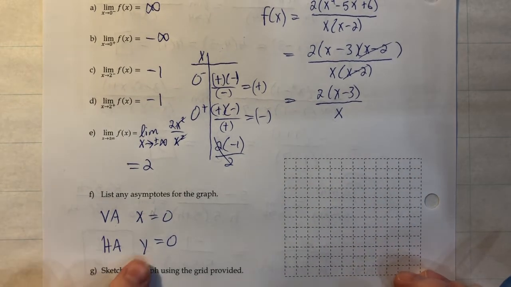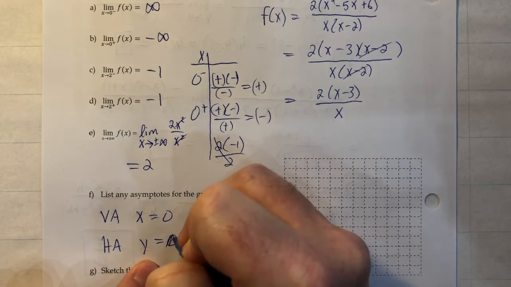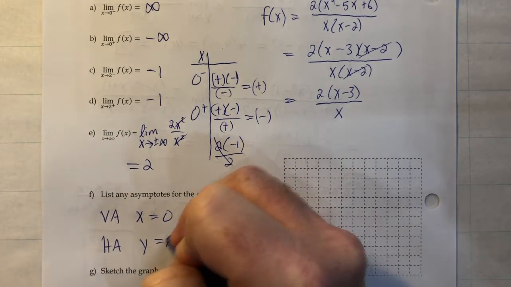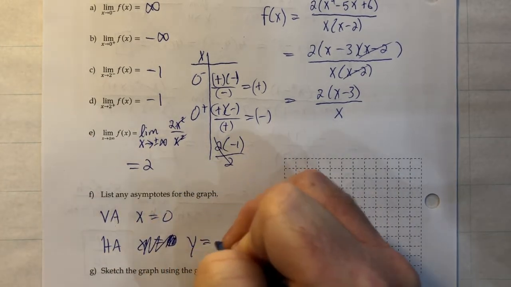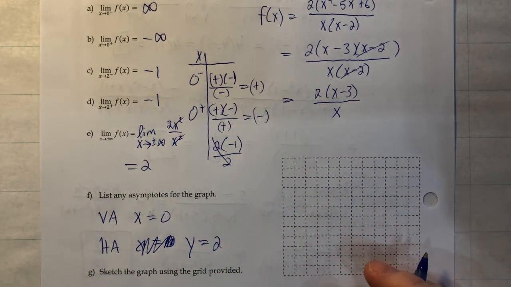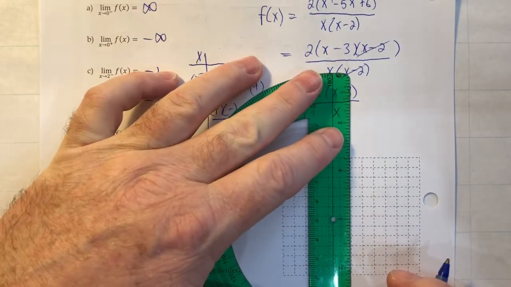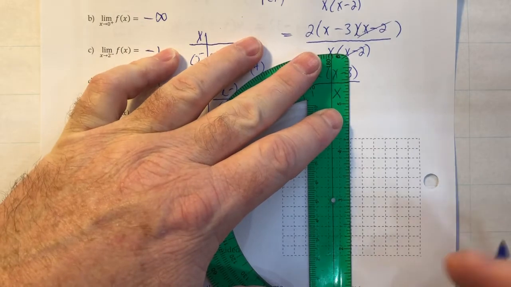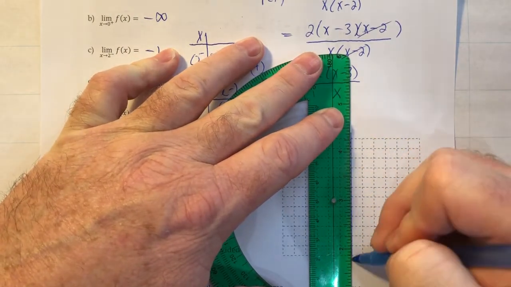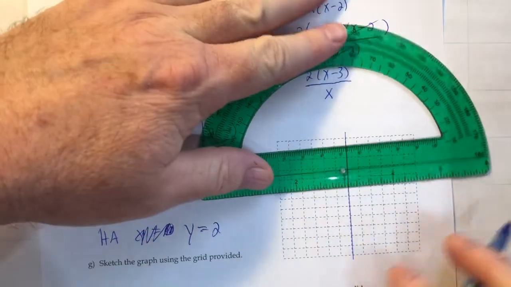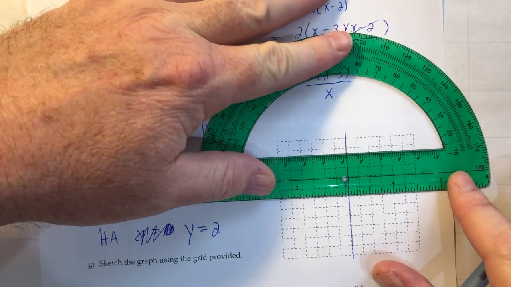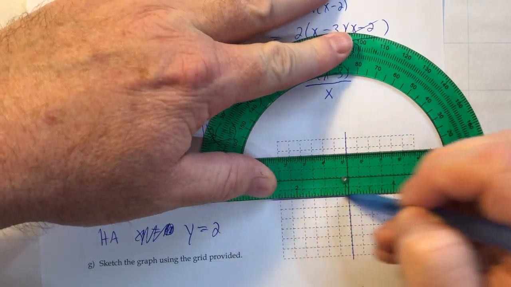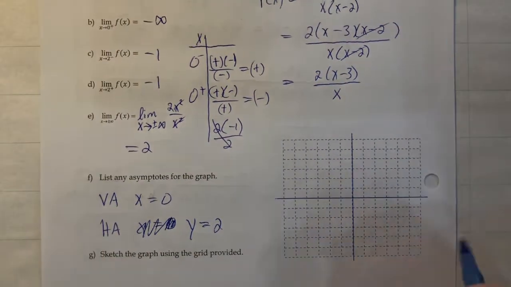All right, so let's see. I wrote y equals 0. Sorry about that. y equals 2 is actually what we've got for our horizontal asymptote. So let's draw in our axes. We'll just go down the middle. We don't have any big numbers once again, so we don't have to worry about shifting this around or using an unusual scale. We can just go 1, 2, 3, 4, I think, in each direction. So let's see.